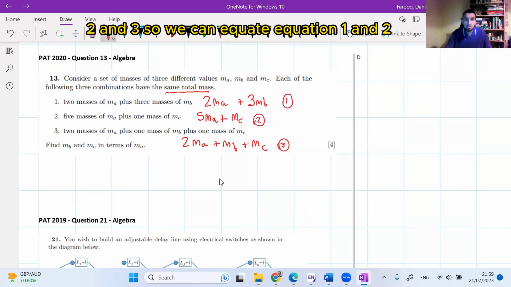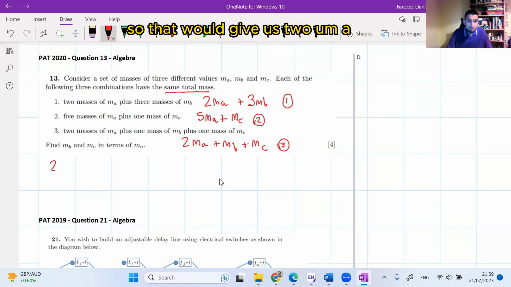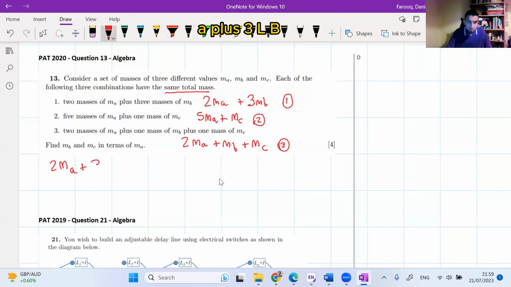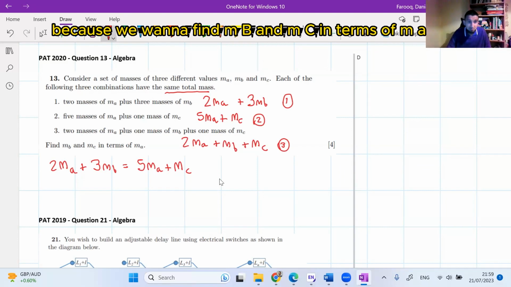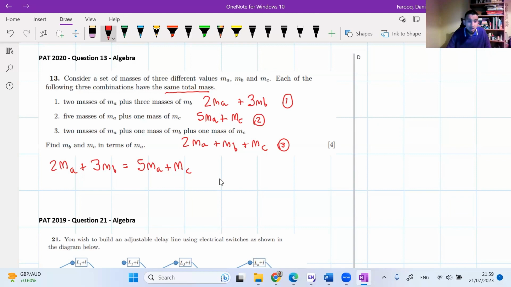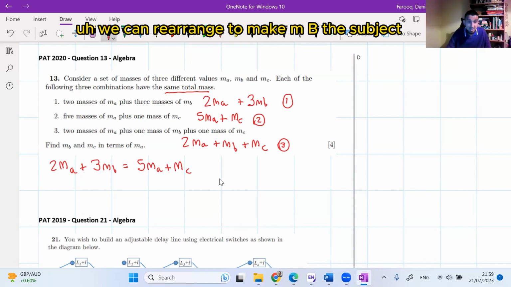We can equate equation 1 and 2, so that would give us 2Ma plus 3Mb will equal to 5Ma plus Mc. Now, because we want to find Mb and Mc in terms of Ma, we can rearrange to make Mb the subject.